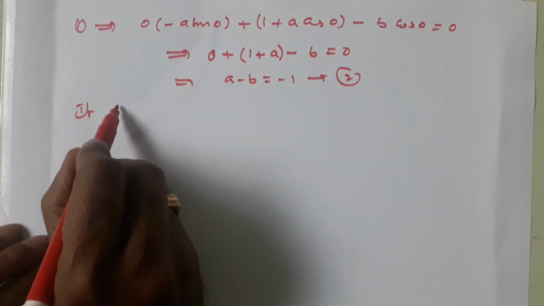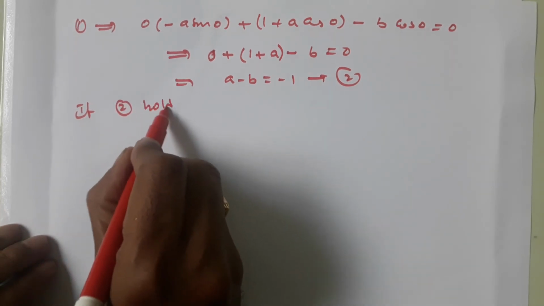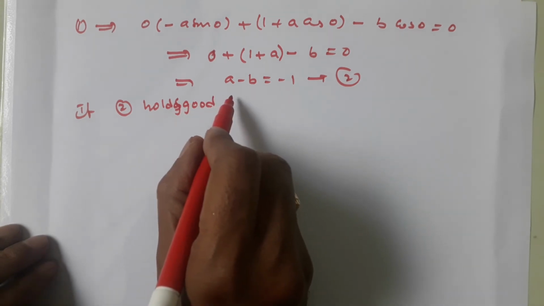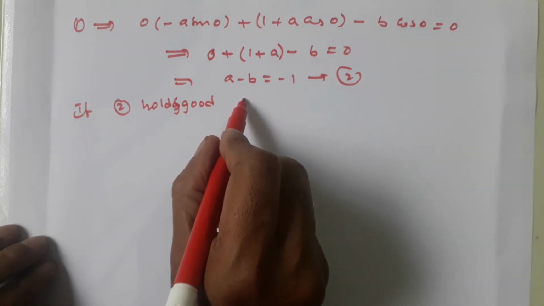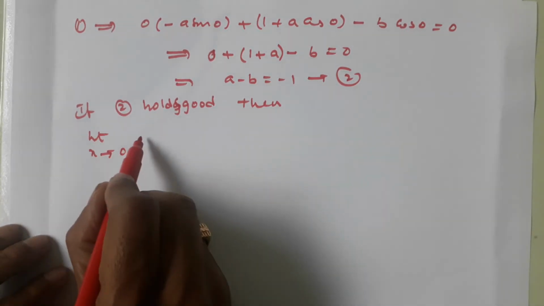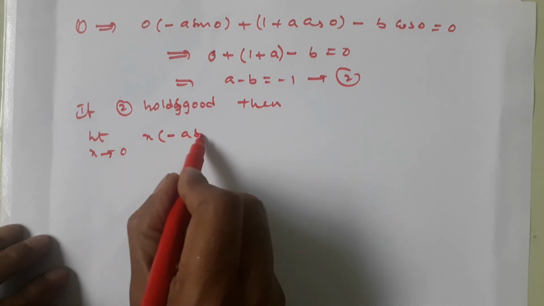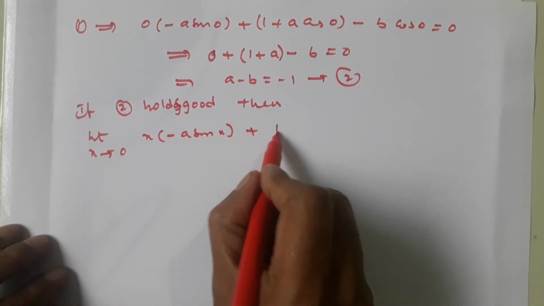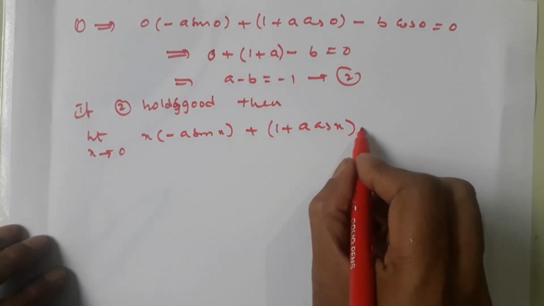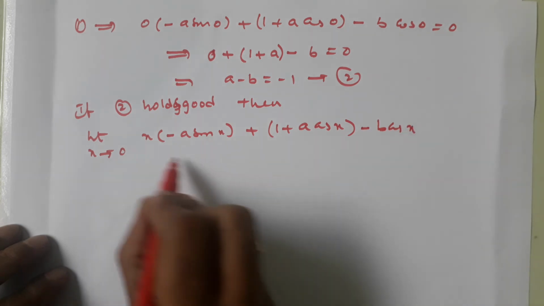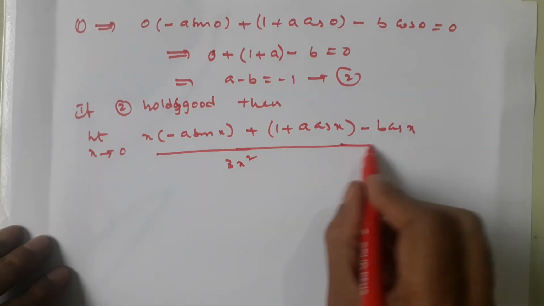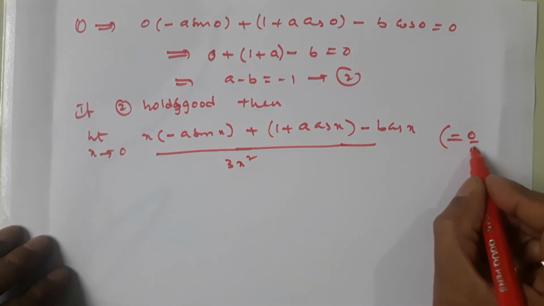If 2 holds good, then limit x tends to 0, x into minus a sin x plus 1 plus a cos x minus b cos x, whole divided by 3x square, to find the limit. Again this is 0 by 0 form.